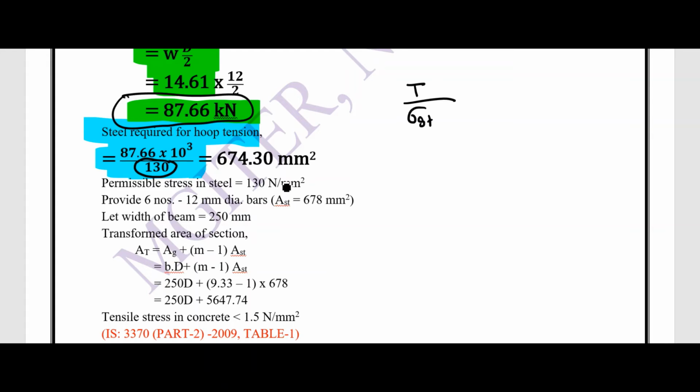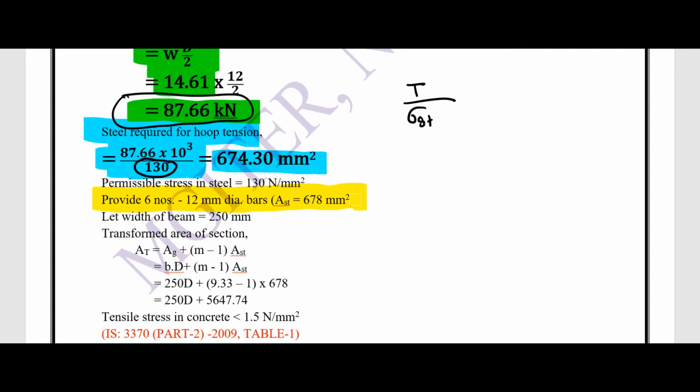So we have 674.30 mm square as the area of steel required. Now we are going to provide 6 numbers of bars of 12 mm diameter. So our design is completed, but only partially.